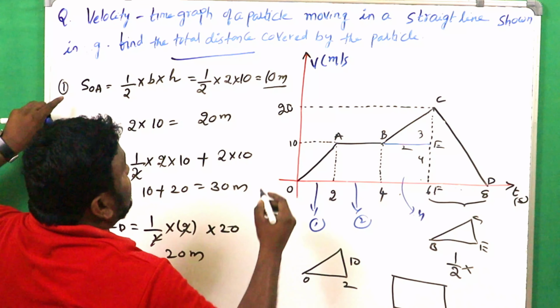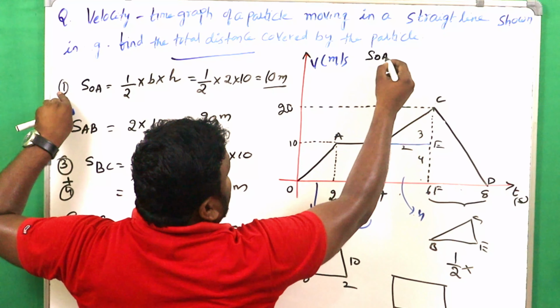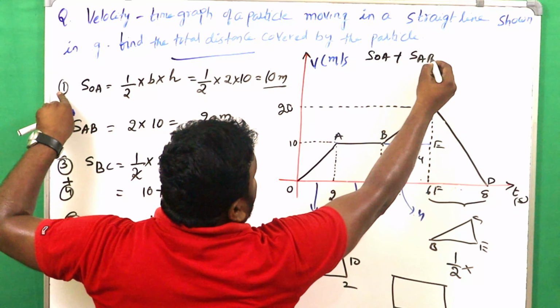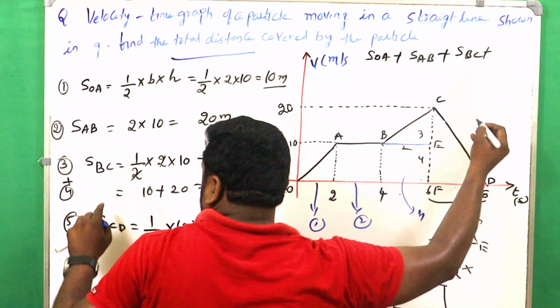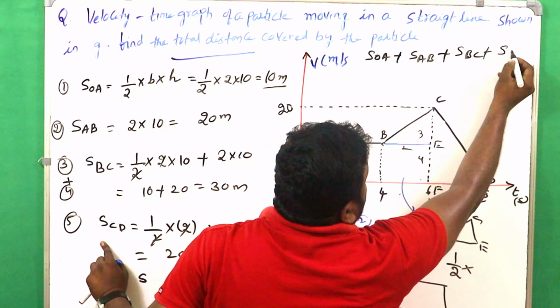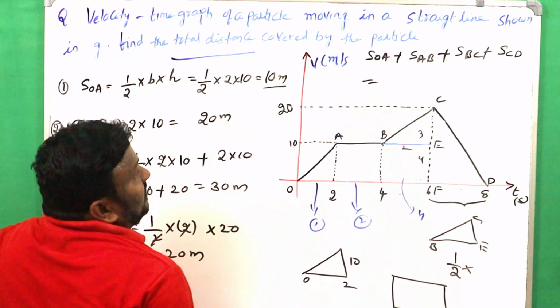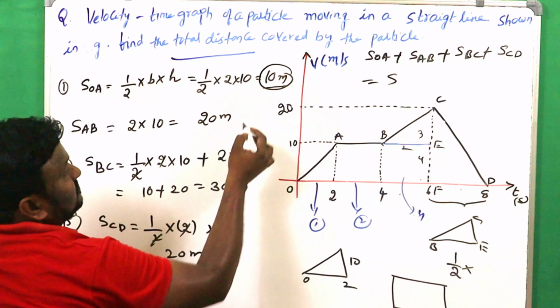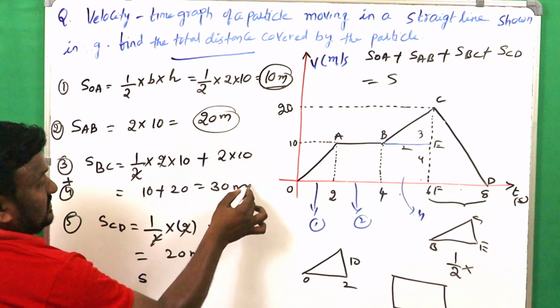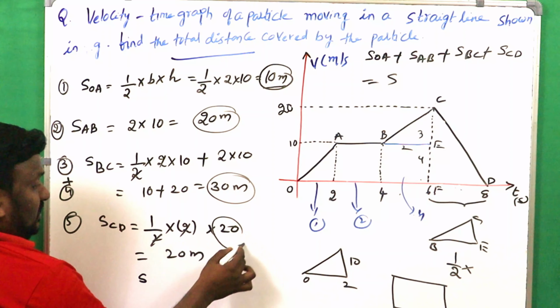Total distance S is SOA plus SAB plus SBC plus SCD. That is nothing but S. How many is there? 10 plus 20 plus 30 plus 20.